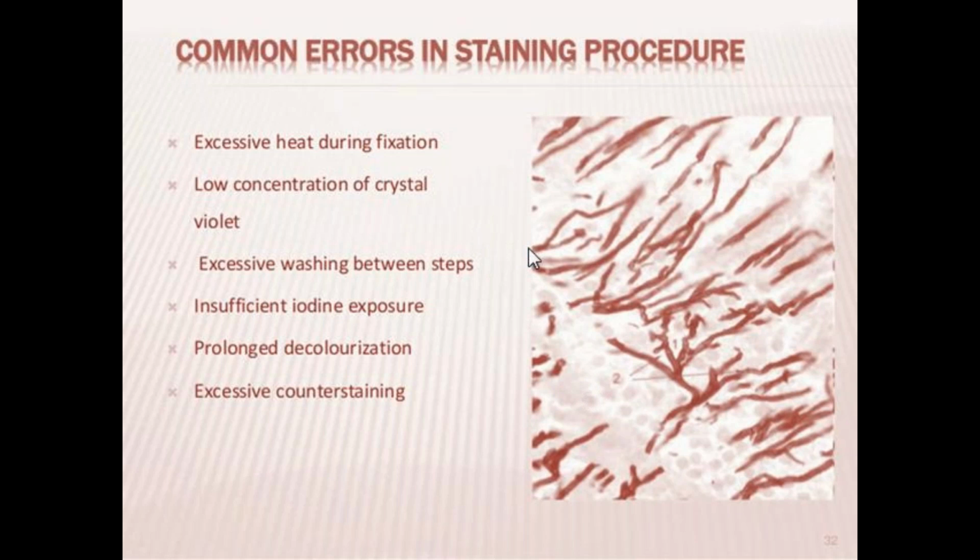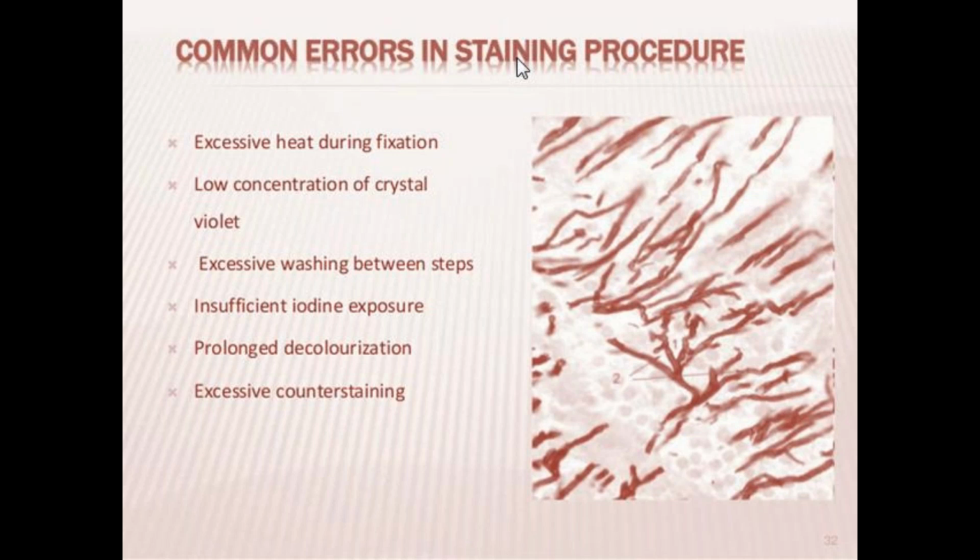Sometimes during the staining process some mistakes are made, and that causes errors in staining. And what are the errors that are observed? Excessive heat causes complete degradation of microorganisms, killing them. The concentration of stain is also to be maintained, and excessive washing also clears all the microorganisms present in the culture.